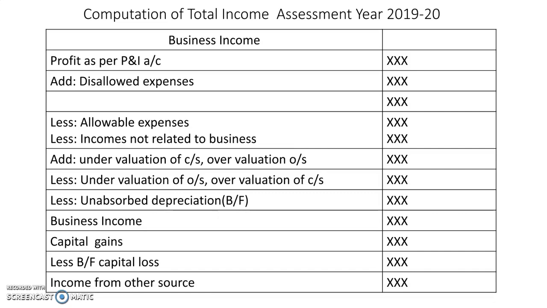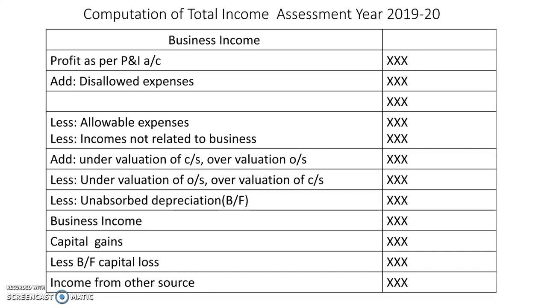And next is incomes not related to business. So deduct incomes not related to business. For this you have to go to the credit side of the profit and loss account, which shows the income of a business.